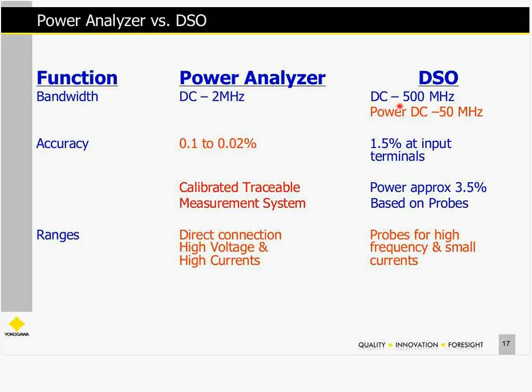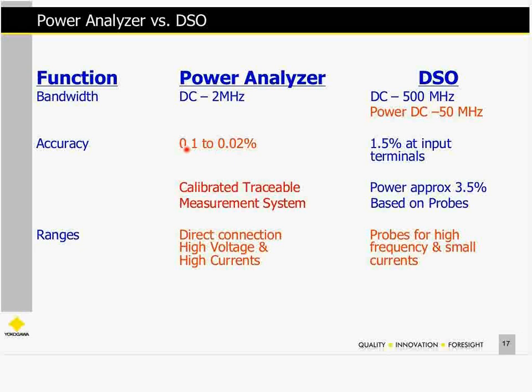We have scopes that are DC to 500 megahertz and higher. Typically right now we look at power with a scope from about DC to 50 megahertz, and that's really a limitation of the probes that are available to do these accurate calculations for voltage and current. So that's still a limitation of the technology, with good current probes up to around 50 megahertz.